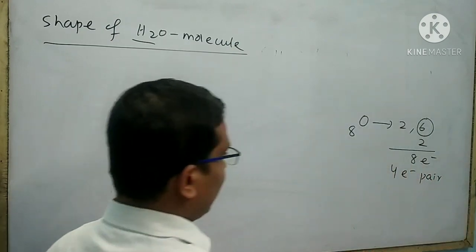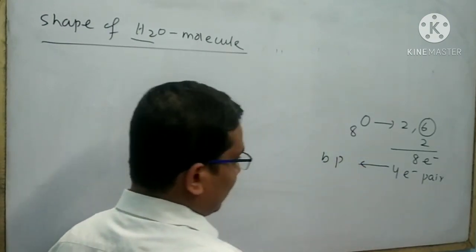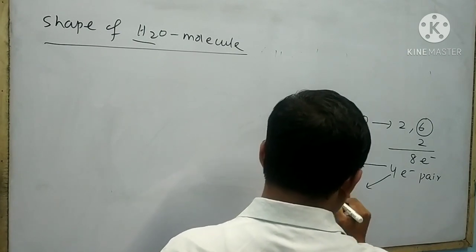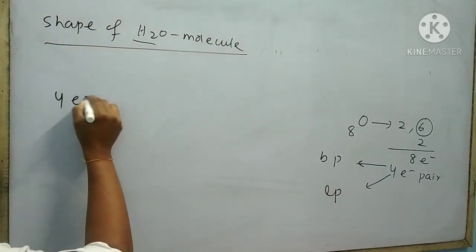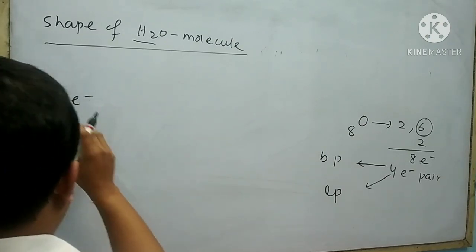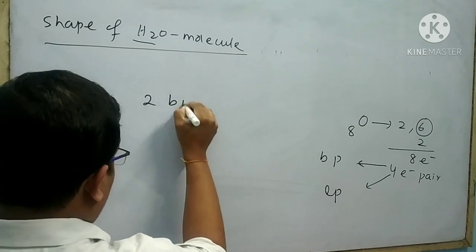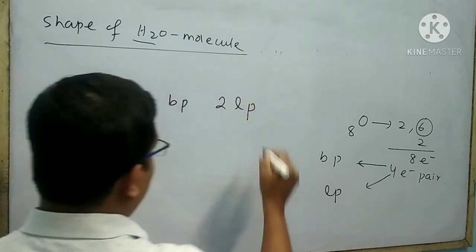Among the 4 electron pair, 2 electron pair are bond pair and the remaining 2 are lone pair.